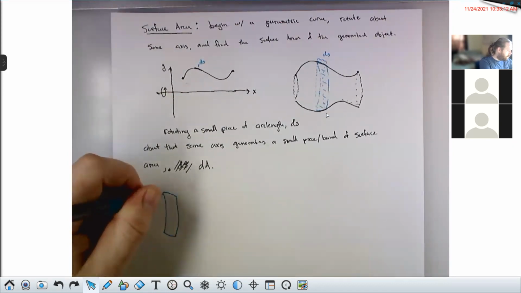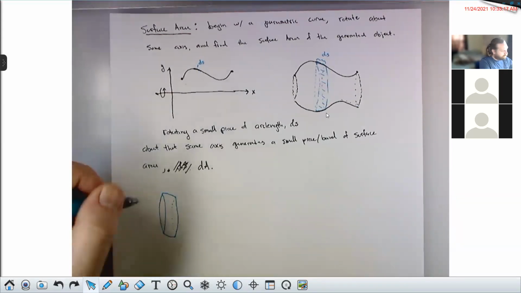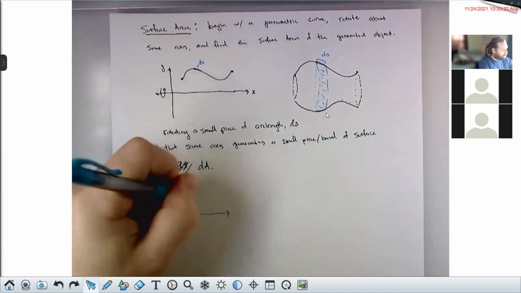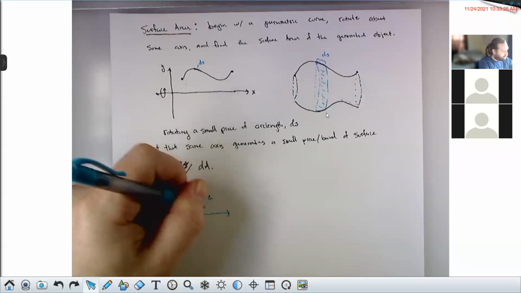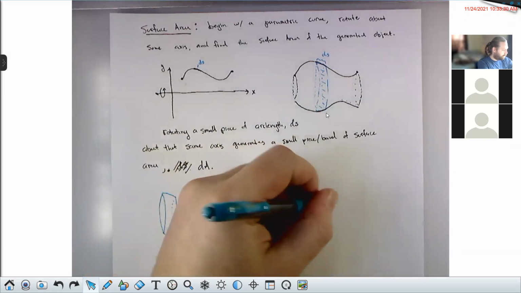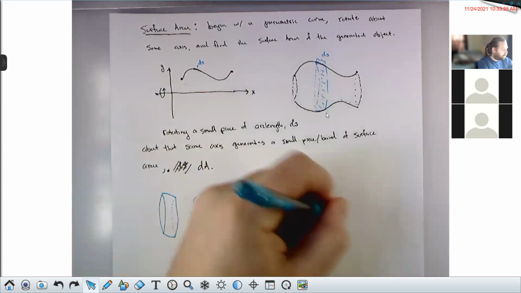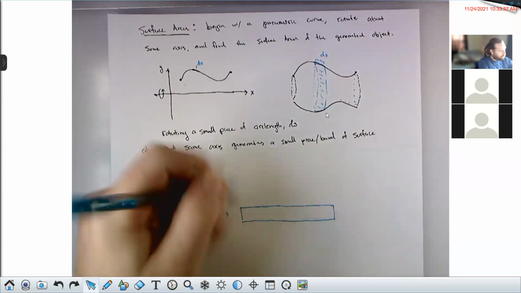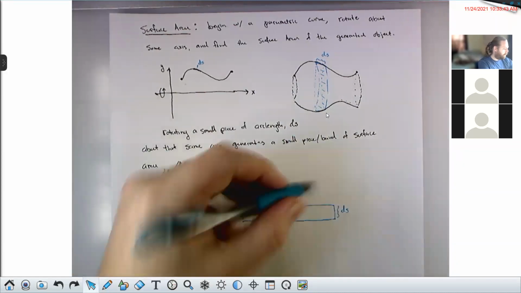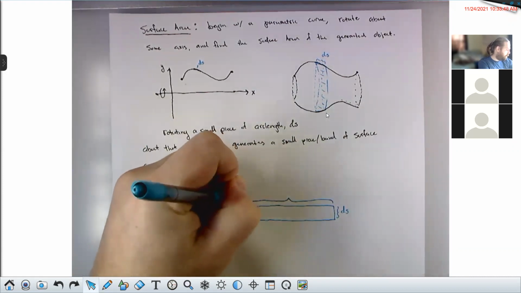and I cut it and unroll it, then I will get something that is approximately a rectangle, where this dimension is ds, and this dimension is a circumference, right?